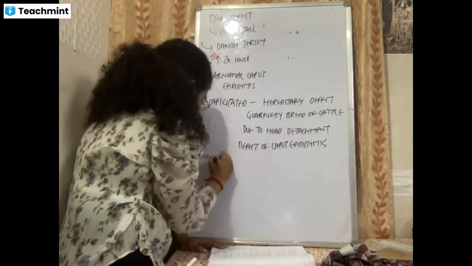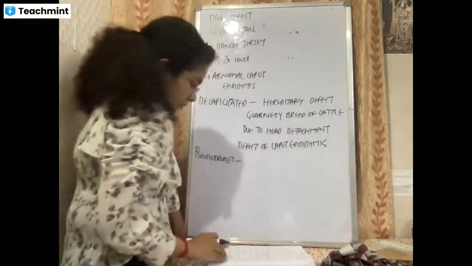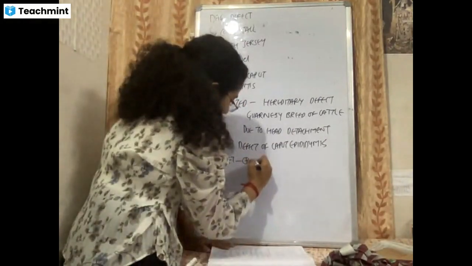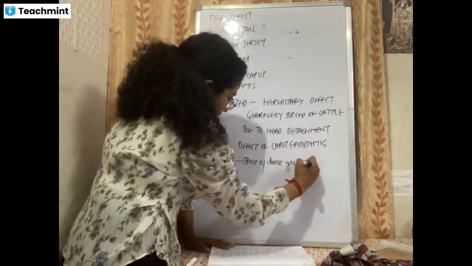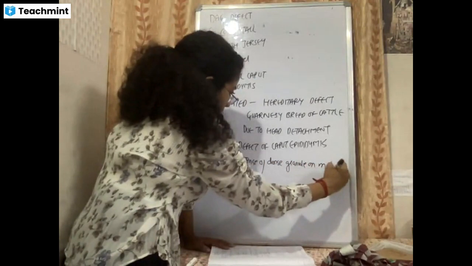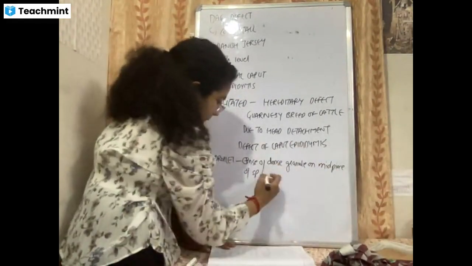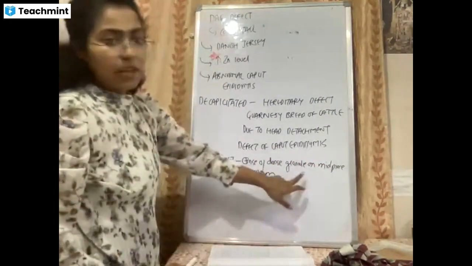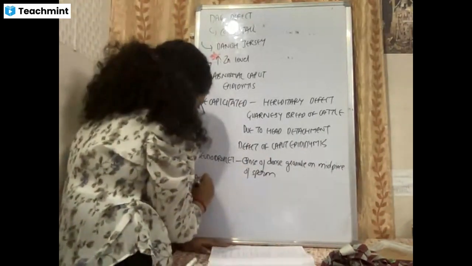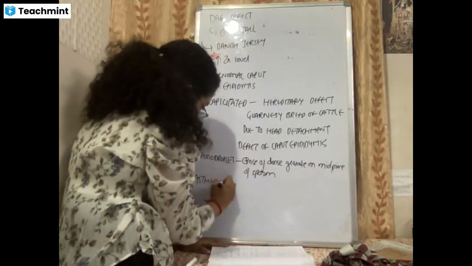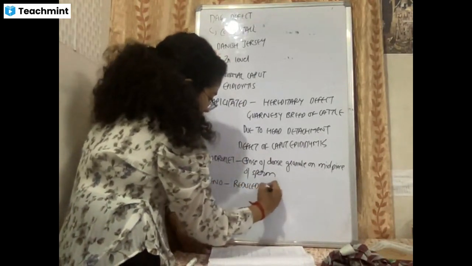Now we have dead droplet, the presence of dense granule on the mid piece of the sperm. Then we have astheno, reduced sperm motility.